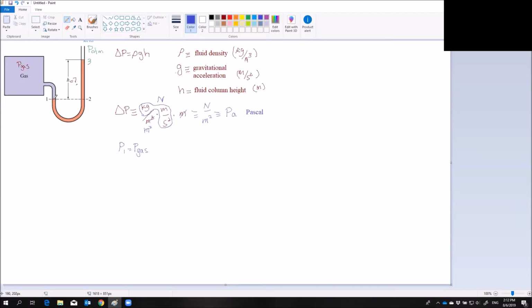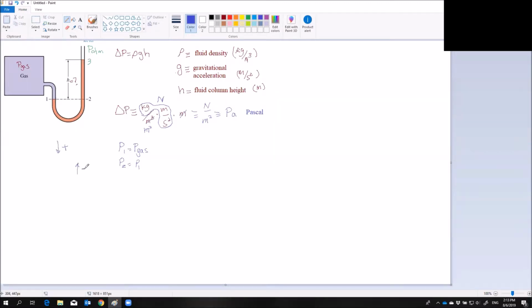So then we move to point 2, and because these 2 points are at the same elevation, H is the same, we can write P2 is equal to P1. So now we are at point 2, we want to move up to point 3. The rule is when you move down, you add terms.